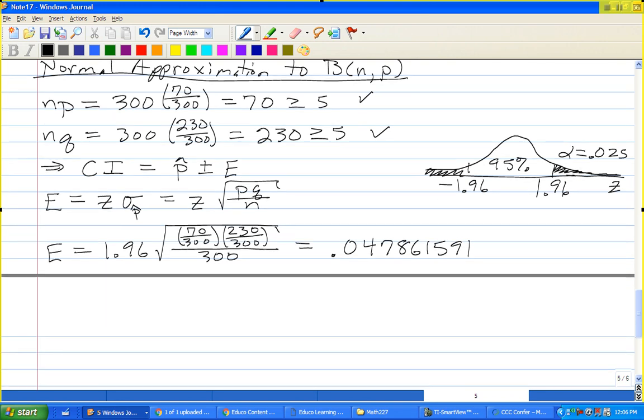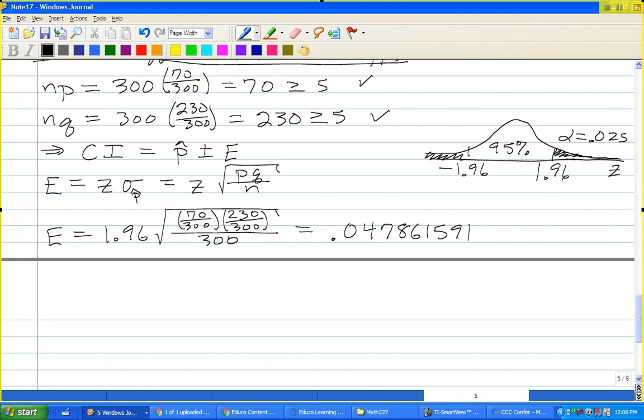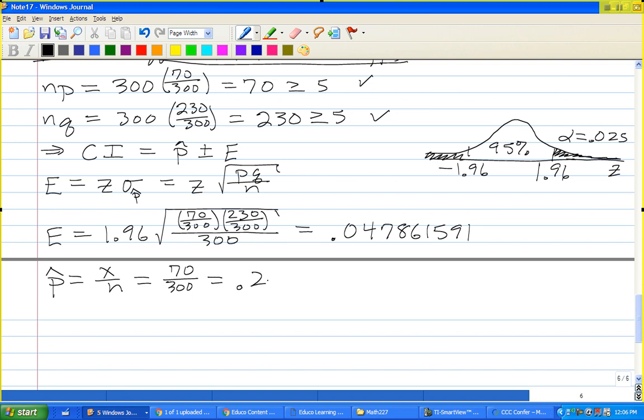So I get that my confidence interval is equal to, again, I should say that my sample proportion is x over n, which is 70 over 300, which is 0.23, a whole bunch of threes.